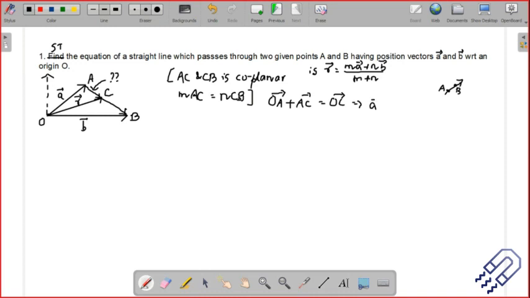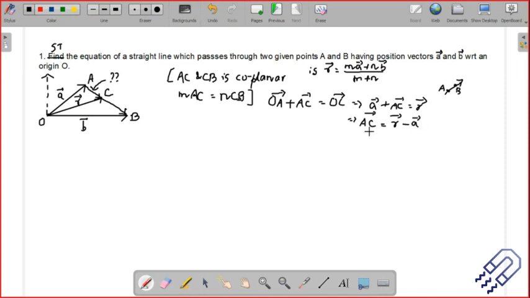OA is nothing but A bar, plus AC bar is equal to OC, which is R bar. So that's it. From here, we can write down what AC bar is. AC bar is equal to R bar minus A bar.